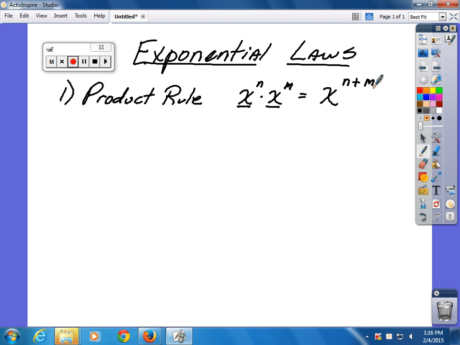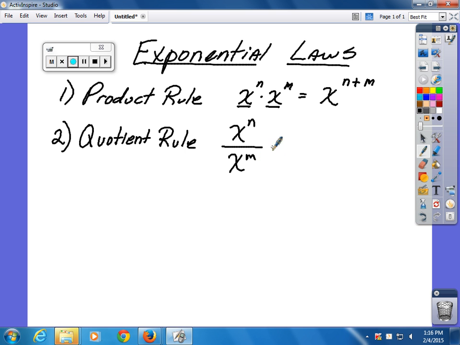The opposite of the product rule is the quotient rule. The quotient rule says that if you have two terms with the same base and you're dividing, what can you do with the exponents? Subtracting, Hubert. That's right, class. Remember, they have to be the same base.